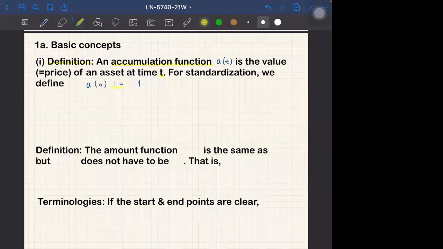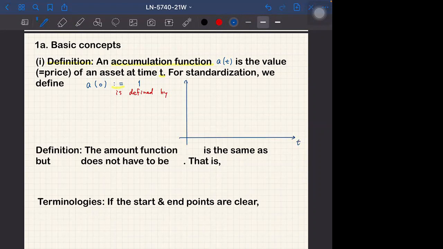We use this symbol, which means "is defined by". So this is standardized: a(0) is equal to 1, and this becomes a different value when the time passes.